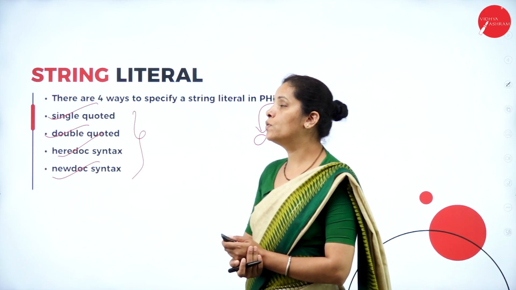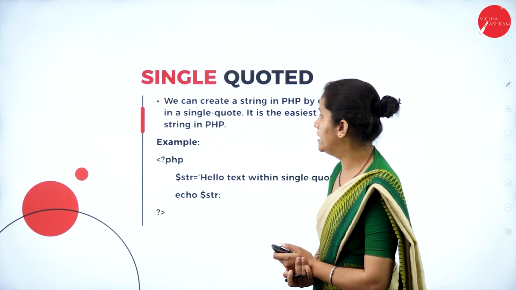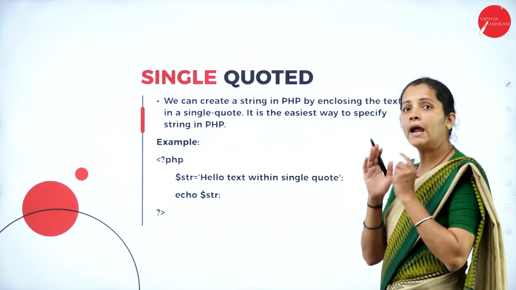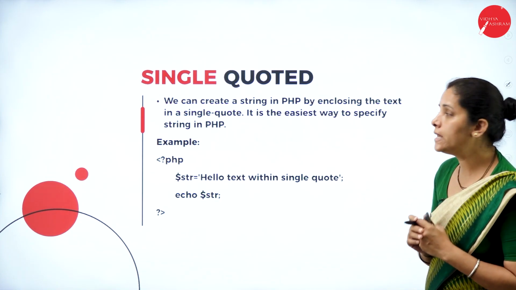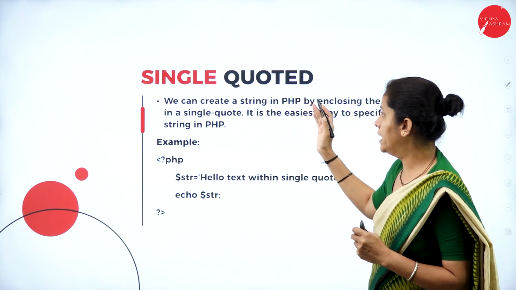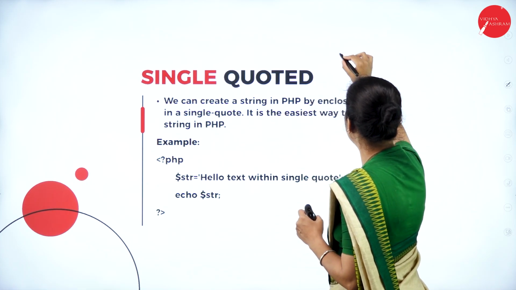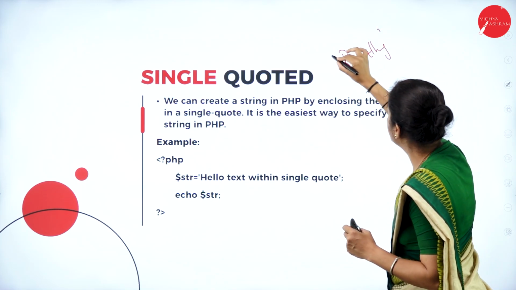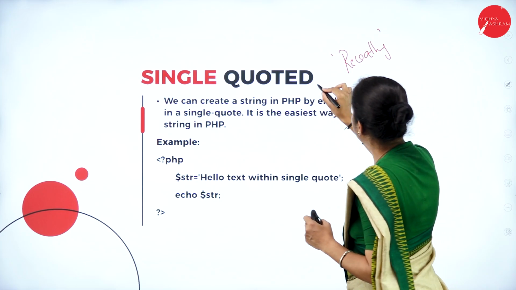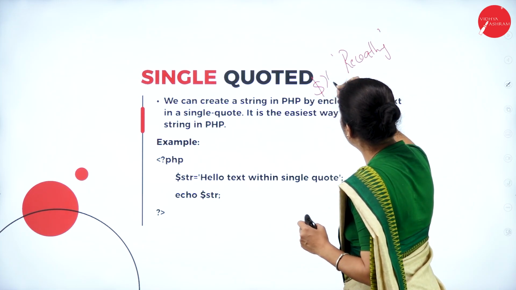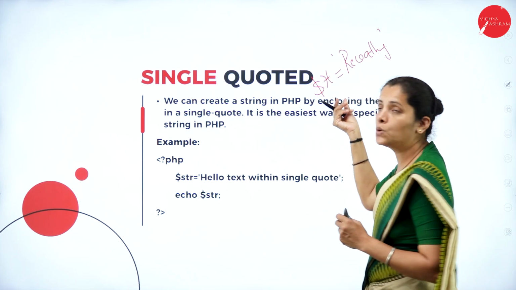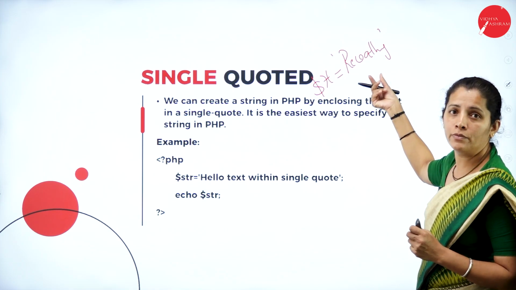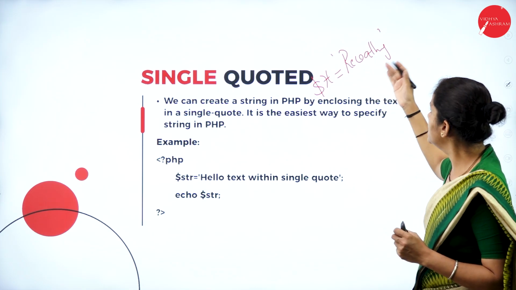At the beginning, I'm going to have the single quoted. So what is single quoted? Whenever I want to create a string and I write the string within the single quote, then it is called single quoted. For example, I'll consider my name itself, Revati. If I write it within the single quote and take a variable called x, x holds the string Revati.